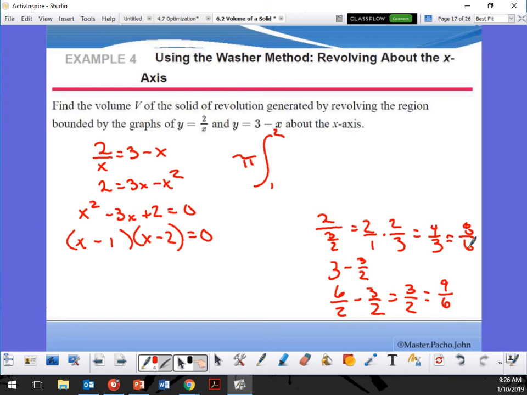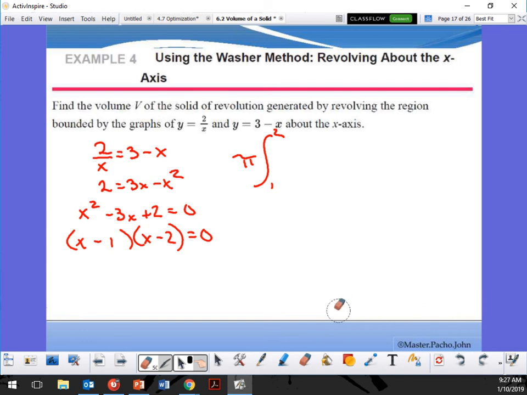So the 3 minus x is the outer one, right? Yes. The 3 minus x comes out to be the greater of those, so I had to plug it in. So it's going to be 3 minus x squared minus my 2 over x squared dx.